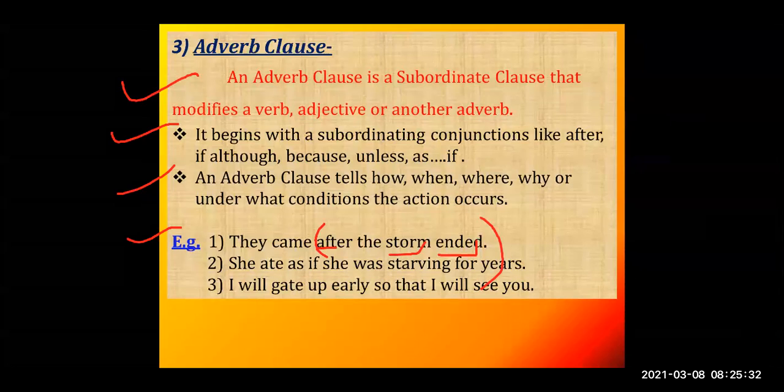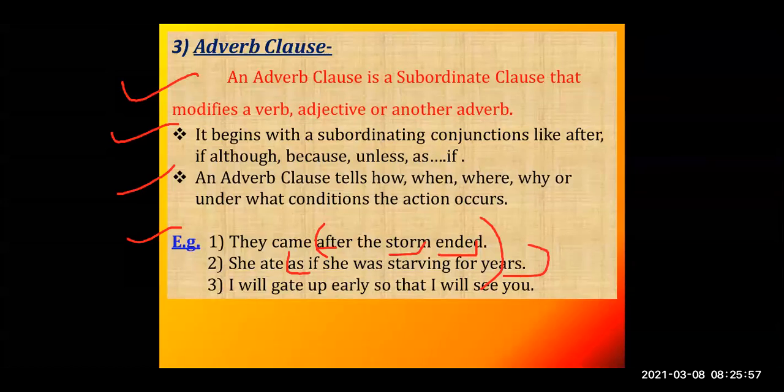In the example, she ate as if she was starving for years, the subject is she, was starving is the verb, and the adverb clause begins with the conjunction as if. So as if she was starving for years modifies the verb ate.